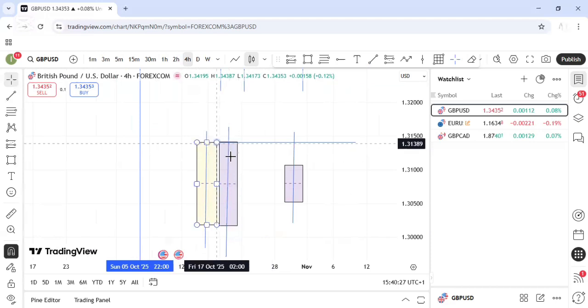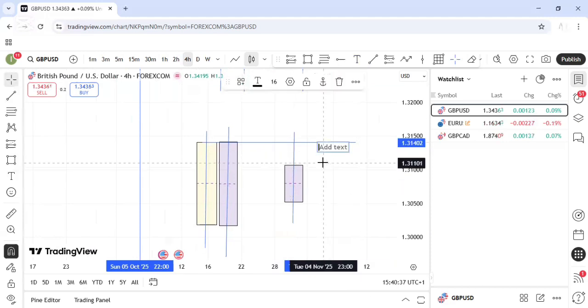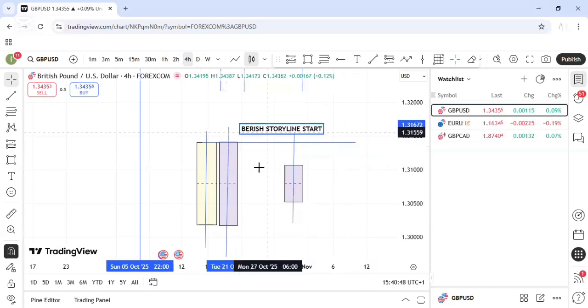Then you have another 4-hour candle pierce through that area, reject that area, and close. In this case, we have a bearish storyline started. Very easy, very simple, right?